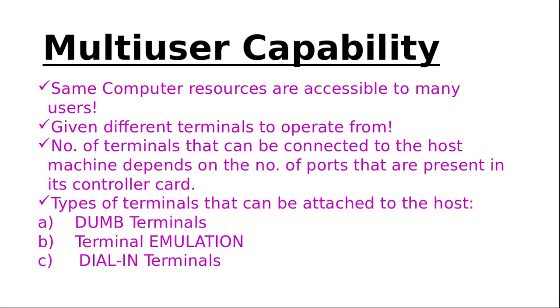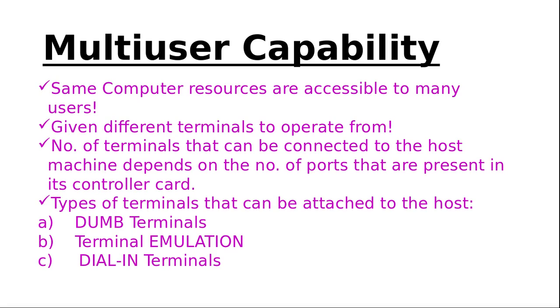So these can be shared easily: all the resources, all the memory, all the peripheral devices such as printers and input-output devices. The number of terminals that can be connected to the host machine depends on the number of ports present in its controller card. For example, a 4-port controller card in the host machine can support 4 terminals.